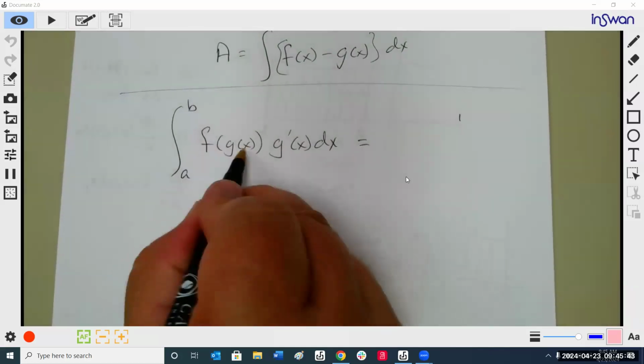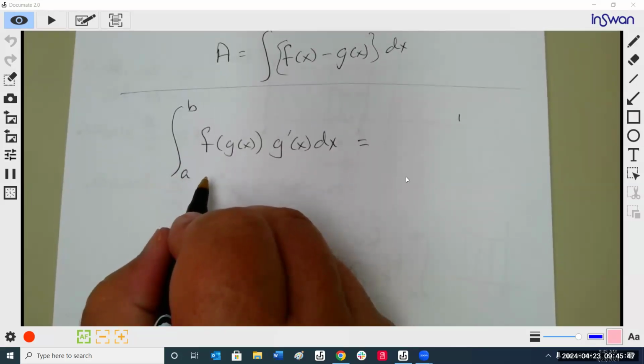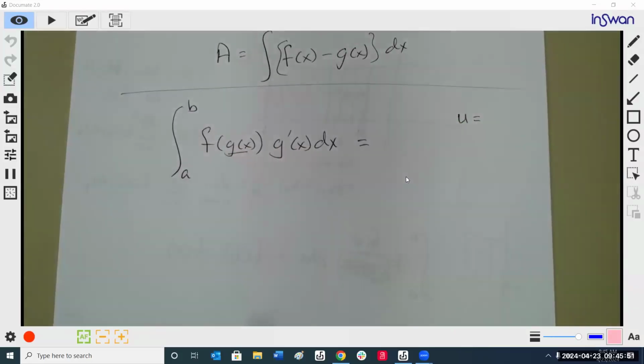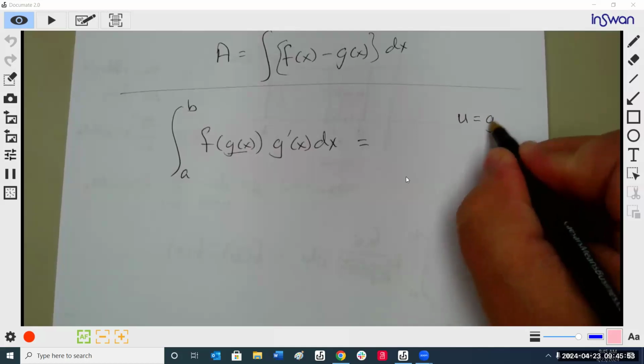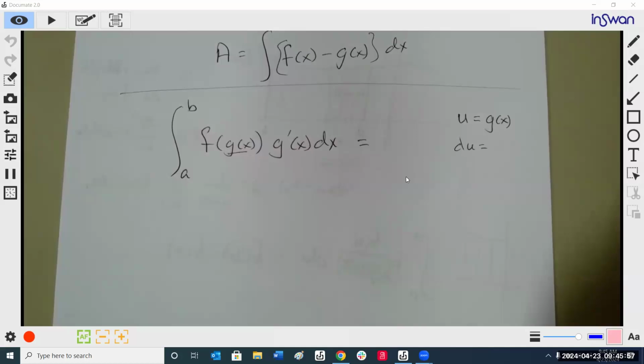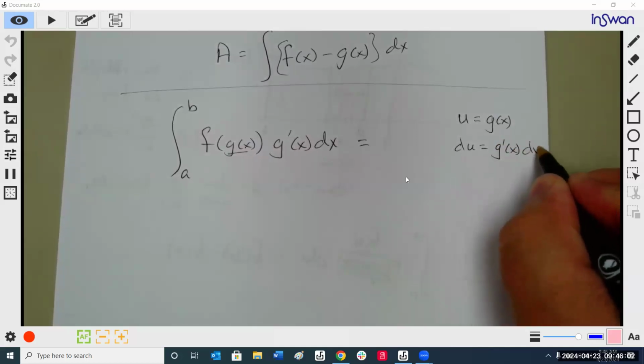If we had a function like this, what would my u be for substitution? u would be the inside function, wouldn't it? What would my du be? g prime of x dx.